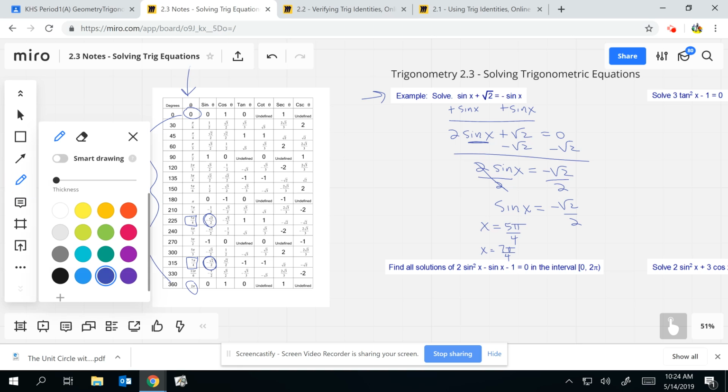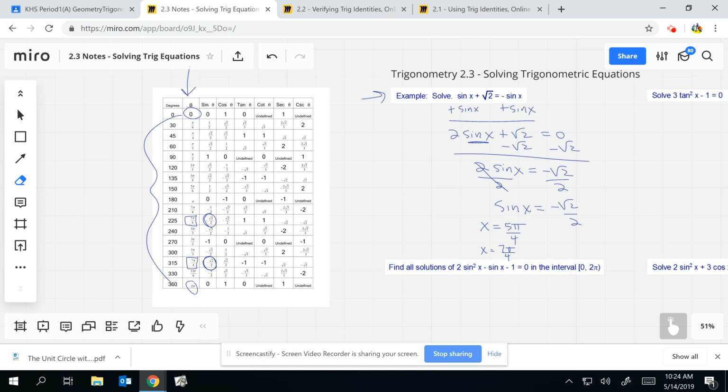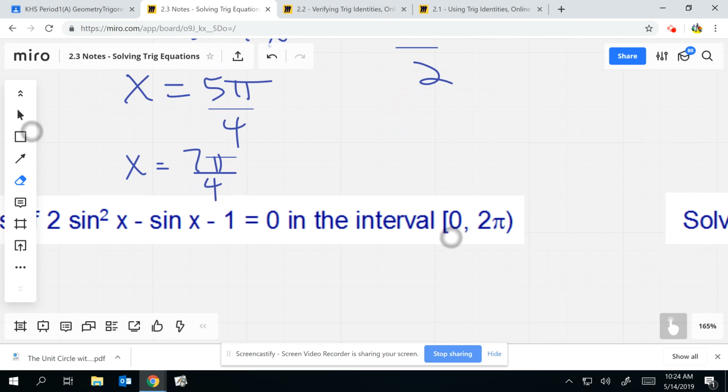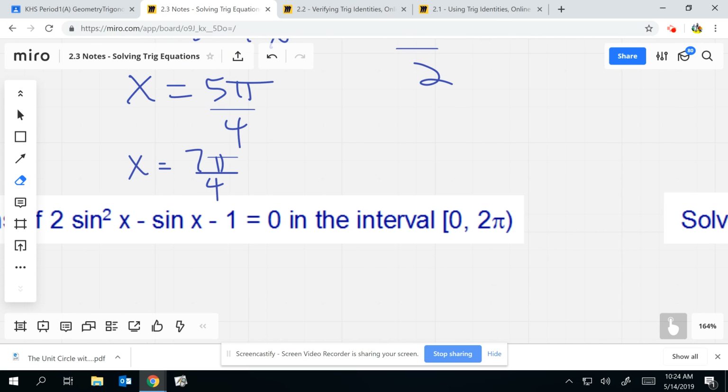And I know for a fact that in trigonometry, you can go around the circle as many times as you want to. You're allowed to go around and around and around. And we've got something we call coterminal angles. So not only would 5 pi over 4 be an answer, but all of the coterminal angles of 5 pi over 4 are also an answer. And I don't have to list them all.